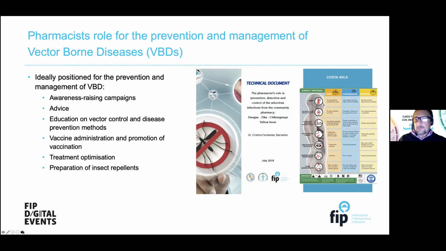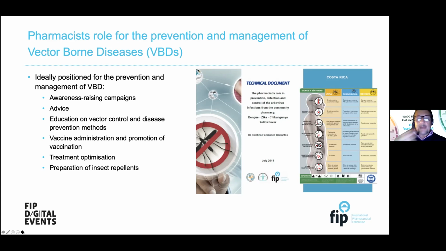Then specific countries have taken this information and translated it to the specific needs of the country, and we can see a specific educational sheet in order to work with our patients that come to the pharmacy.